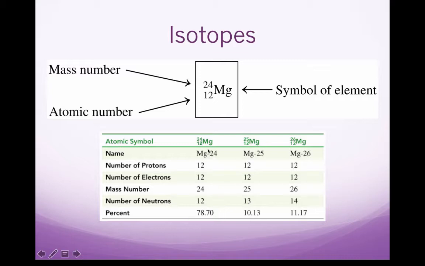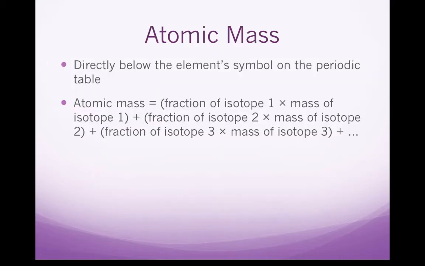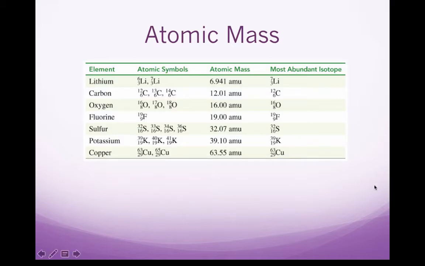So the fraction for magnesium 24 would be 0.7870. For magnesium 25, it's 0.1013. For magnesium 26, it's 0.1117.